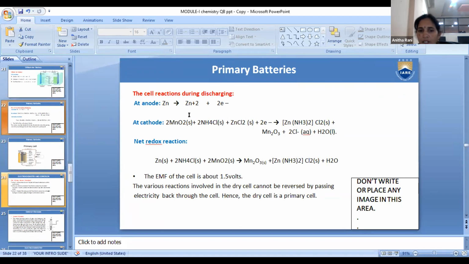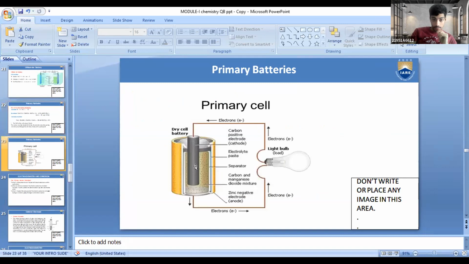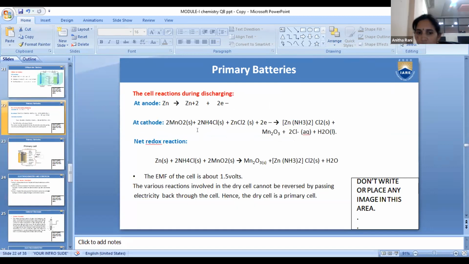Cathode is carbon rod. Electrolyte is a paste of MnO2, NH4Cl and zinc chloride with starch. Okay, this is the electrolyte. Tomorrow we'll discuss.